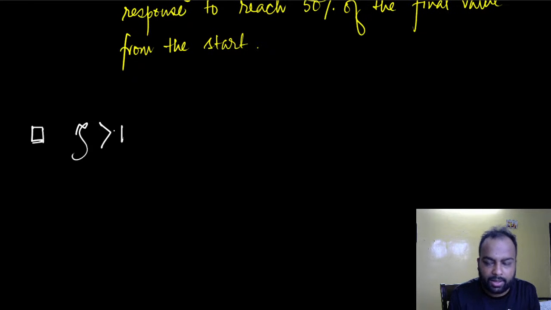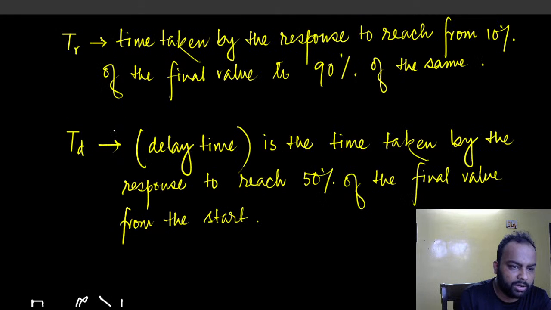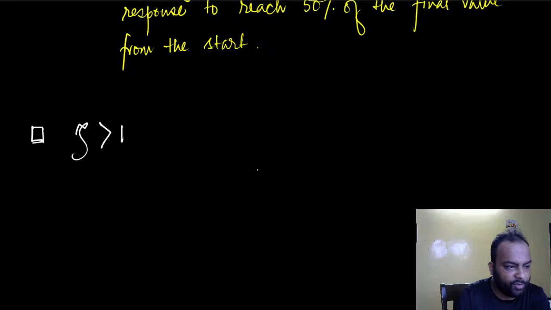Off the top of my head, I cannot even tell you the formula, I can only derive it. You wouldn't want to remember the formula for the response here. So this is called an overdamped situation.